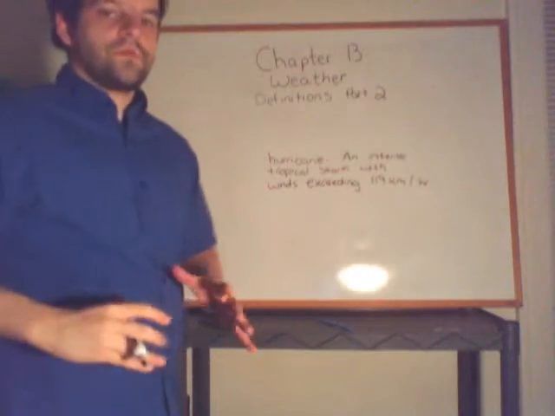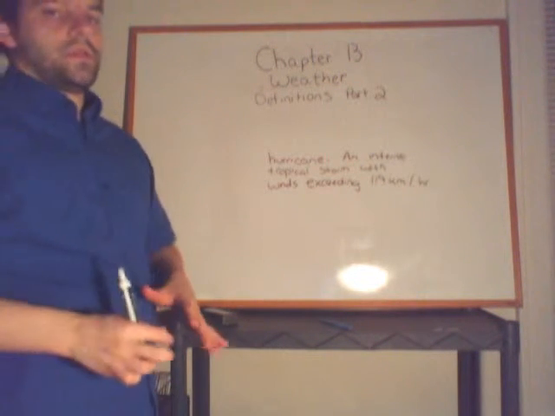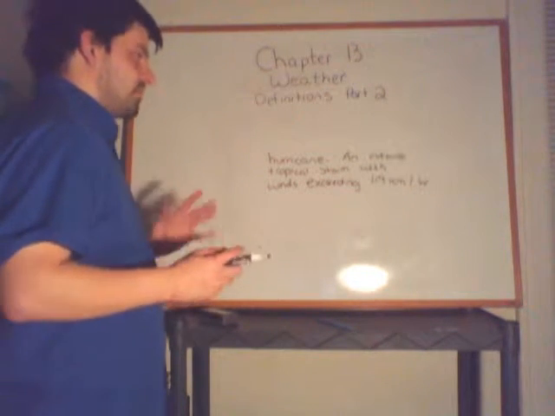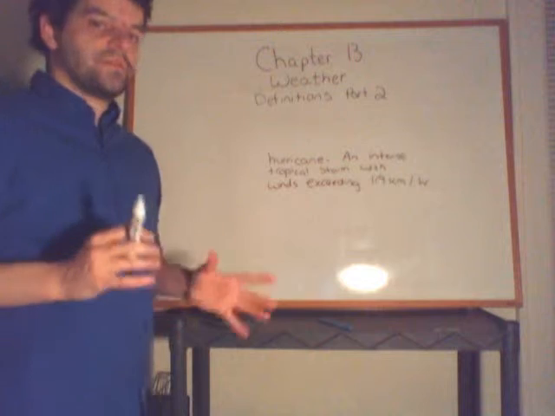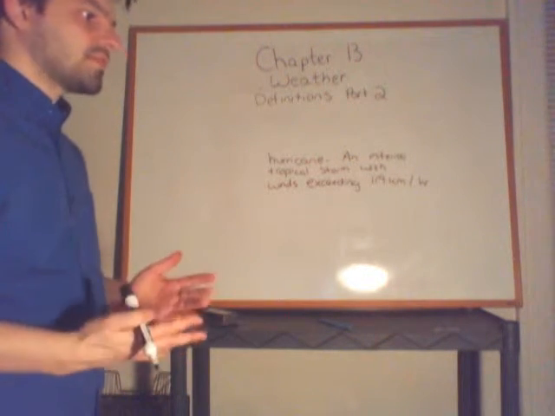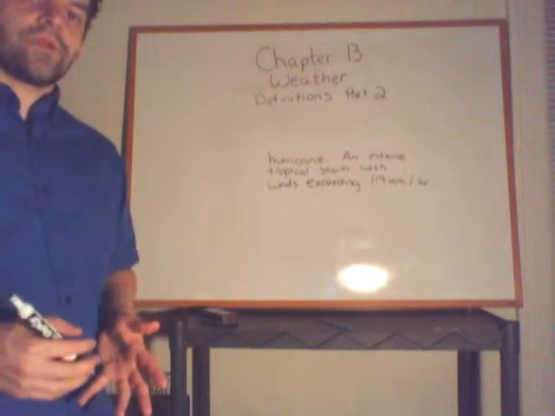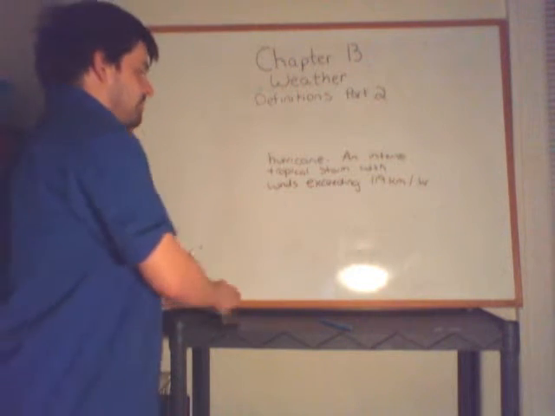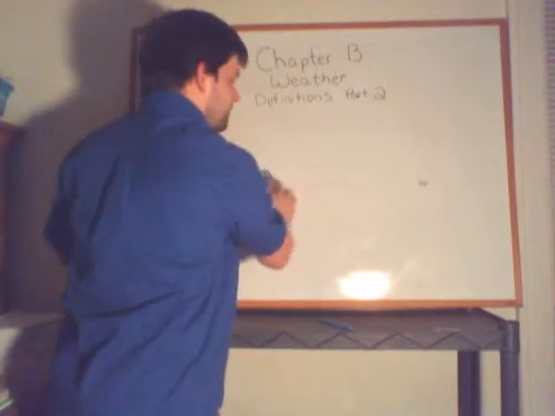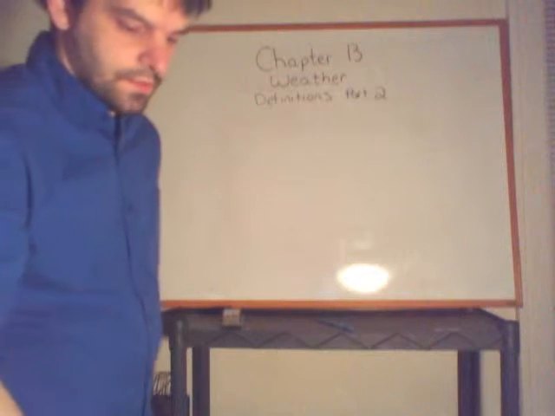Okay. So one thing to keep in mind with hurricanes is, depending on where they're located on the earth, they do have different names. So if you may hear different names that are synonymous to hurricanes in different parts of the world. I think some are called cyclones, some are called typhoons. So it kind of just depends on where you are in terms of its name. Okay, but a hurricane is an intense tropical storm with winds exceeding over 119 kilometers per hour.